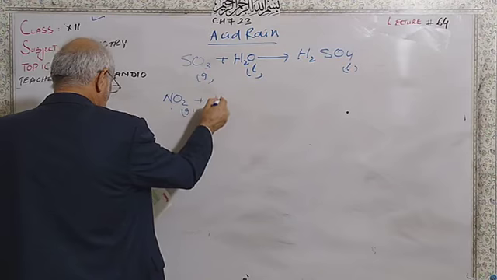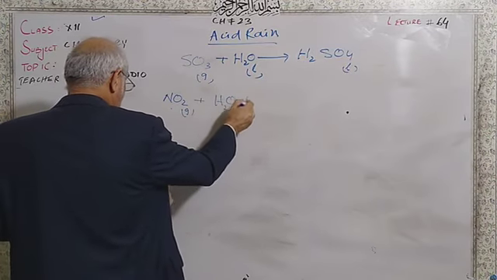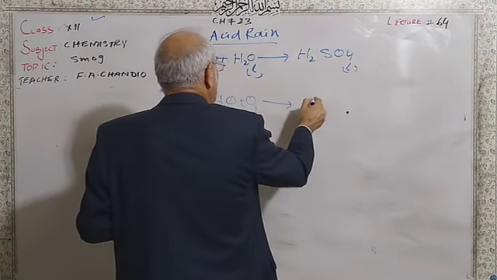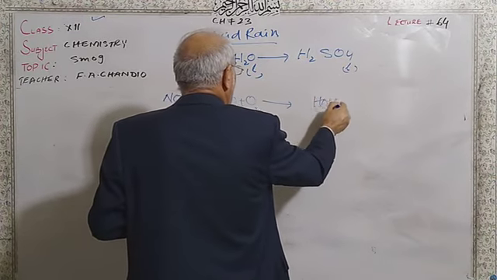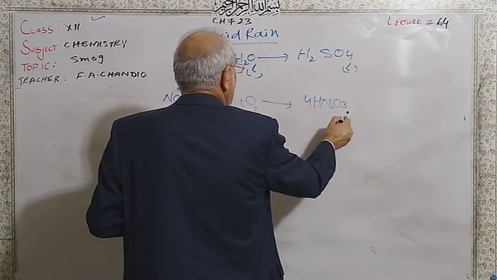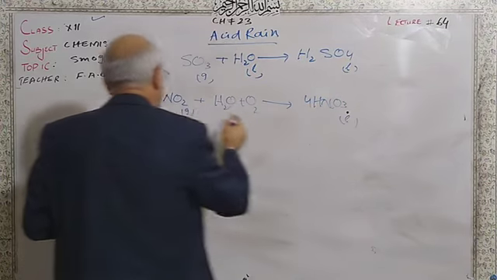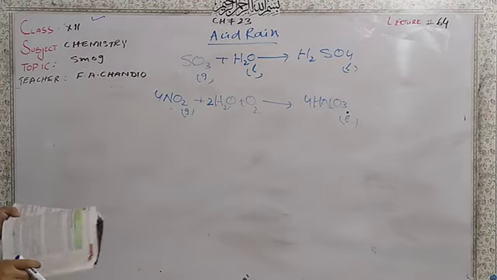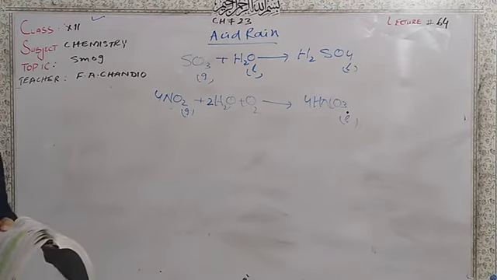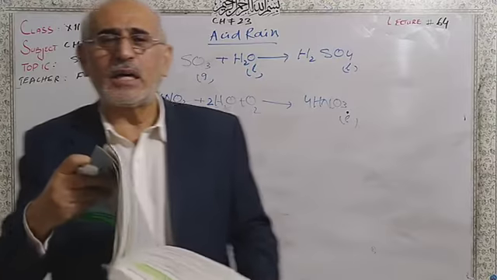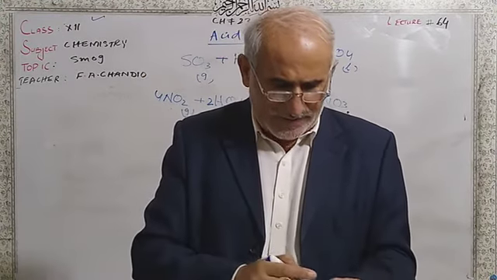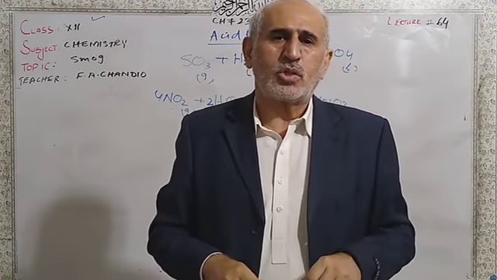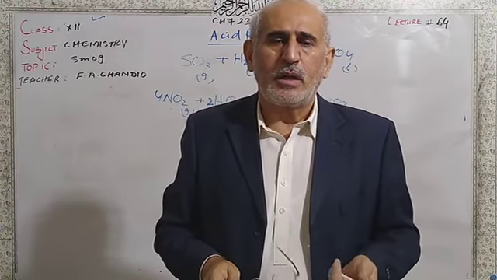Plus rain and oxygen in the atmosphere, we will again get a very strong acid, that is nitric acid. So this nitric acid is also present in the rain, and acidity is going to increase, pH level is going to decrease, so it affects our life.